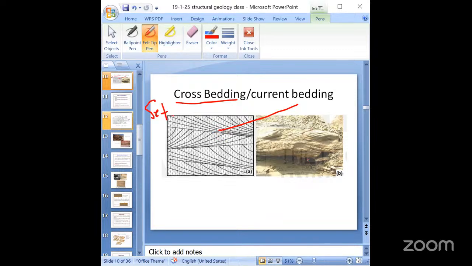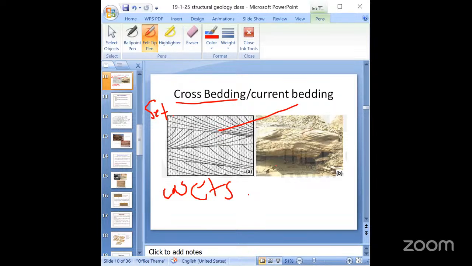A group of similar sets is termed cosets, C-O-S-E-T-S, cosets. So there are three sets of beds, that is, top sets, bottom sets, and foresets, right?